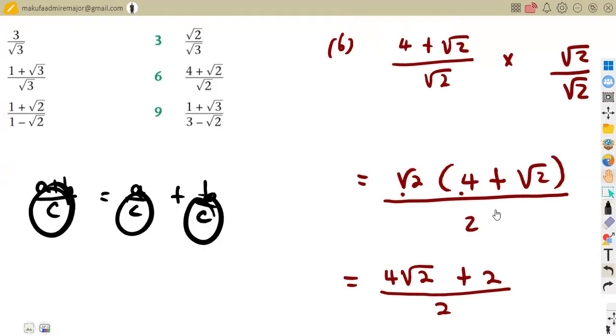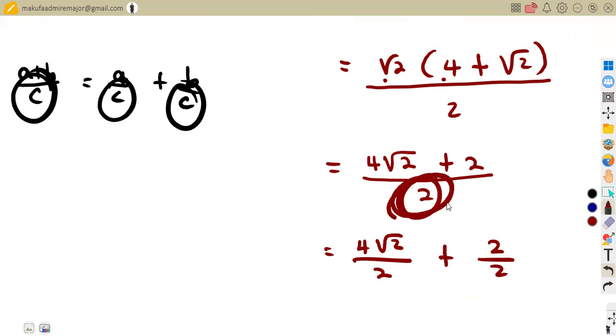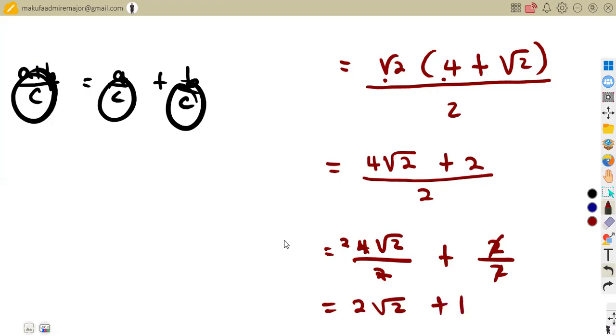So on this part here, we can separate this as 4 square root of 2 over 2 plus 2 over 2. We have separated with these two, just like the c that we had there. So this can cancel, 4 divided by 2 is a 2. So we've got 2 square root of 2 plus 2 over 2, which gives us a 1. So that is what we are going to have in simplest form.